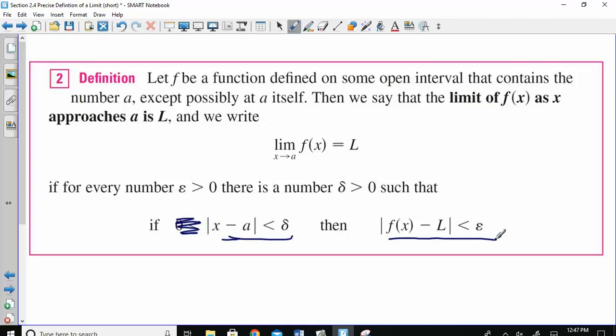F of x is my function, L is the limit, epsilon and delta are these magical numbers that we are going to find.